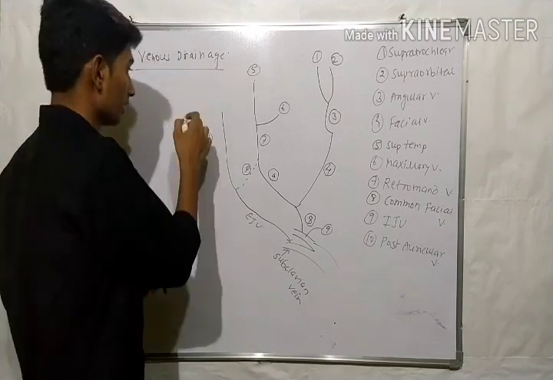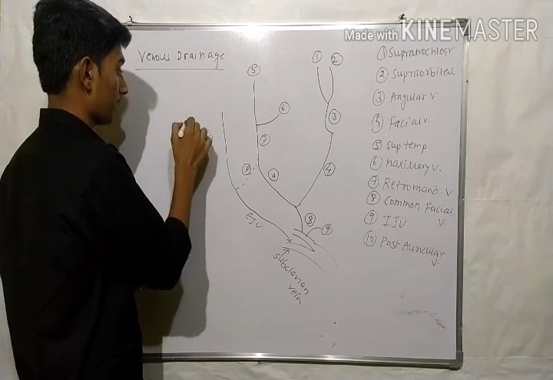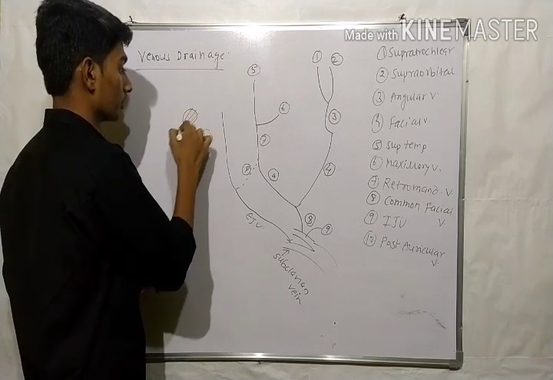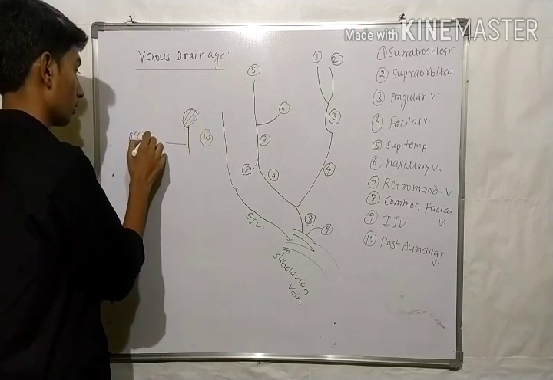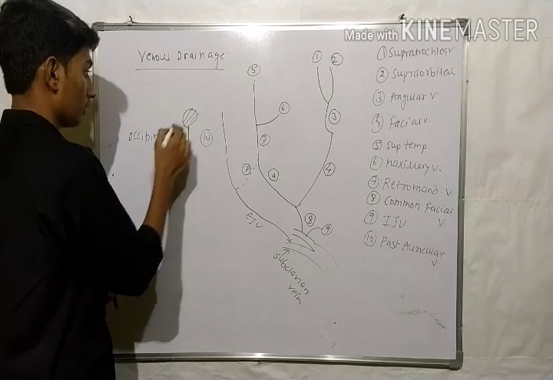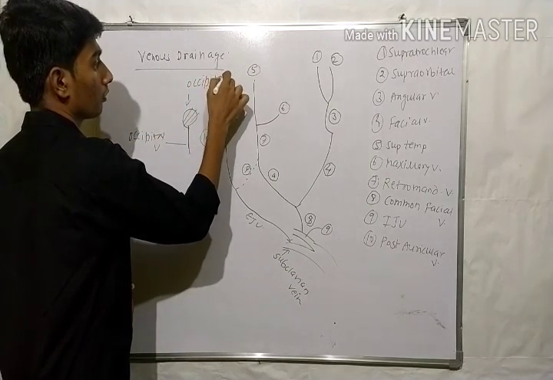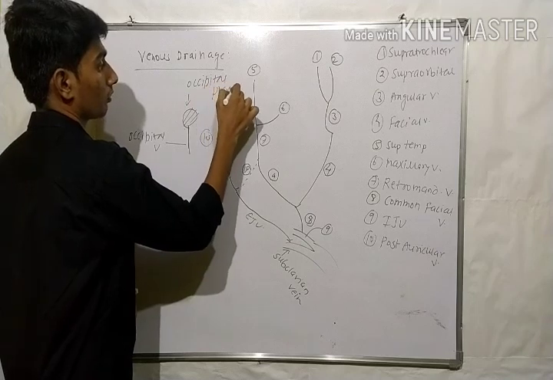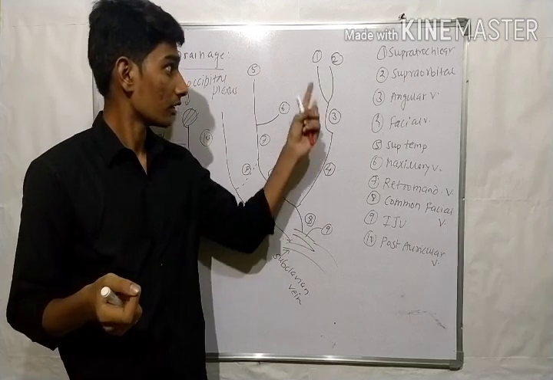Another vein here is the occipital vein, and it drains into the occipital plexus.